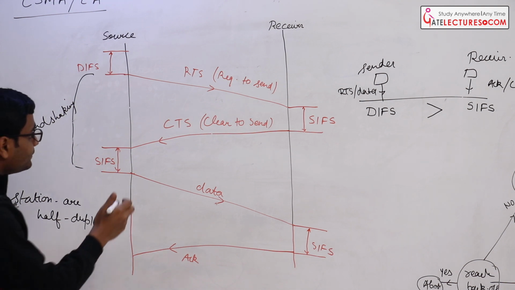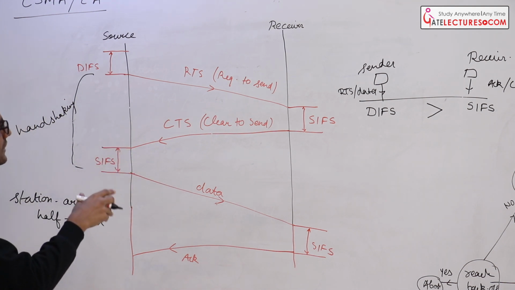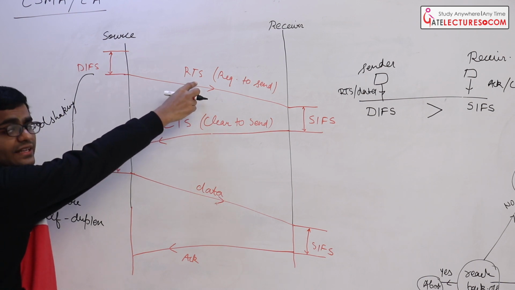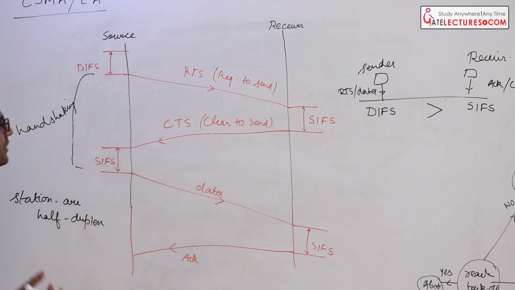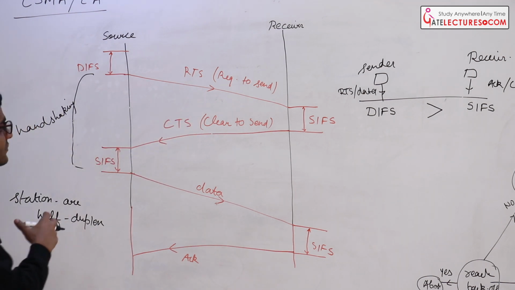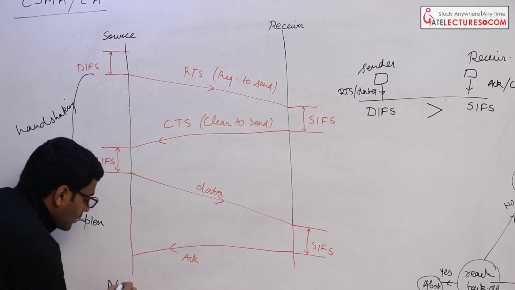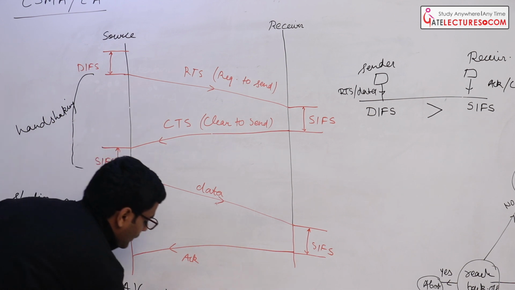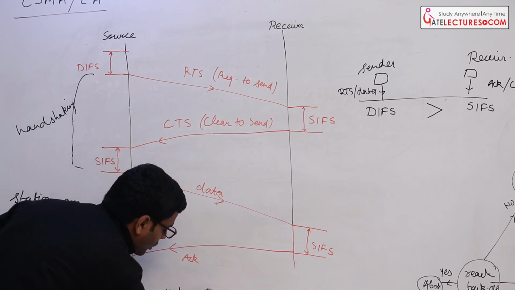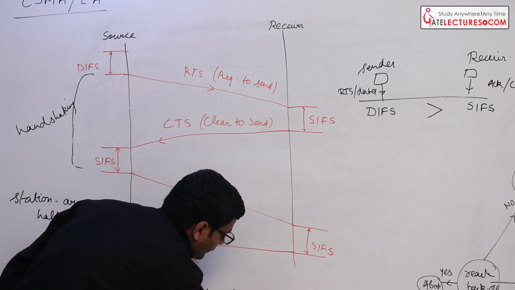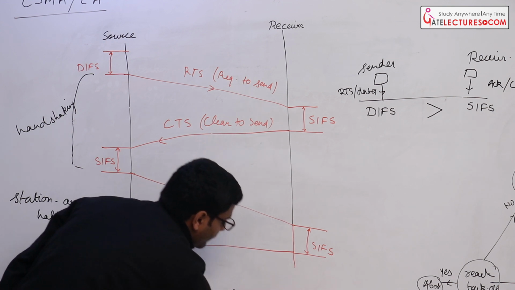So when the other stations in the range of this source read this RTS signal, they know that the channel is going to be occupied for this amount of time. So they start a vector called NAV, network allocation vector.